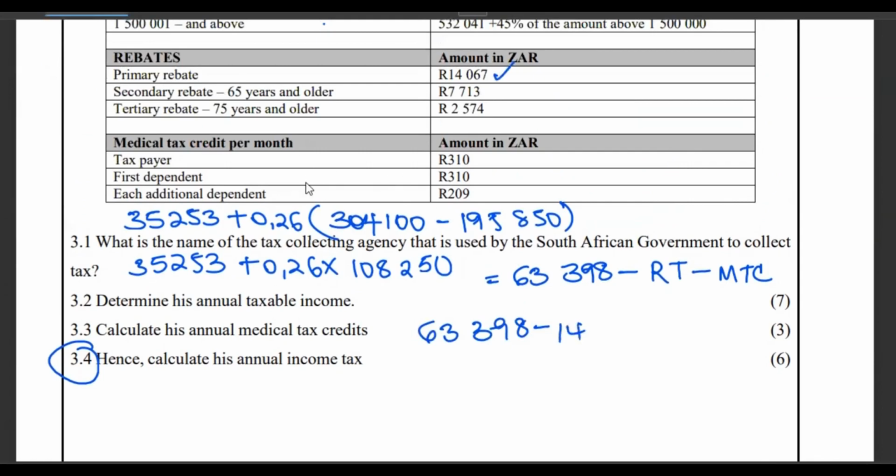We shall subtract 14,067 rands, minus the medical credits we got as 9,948. So you end up having 39,383.